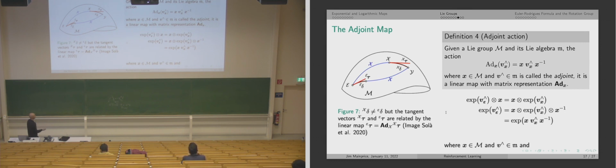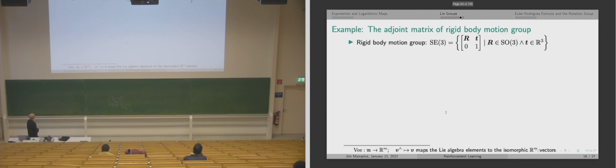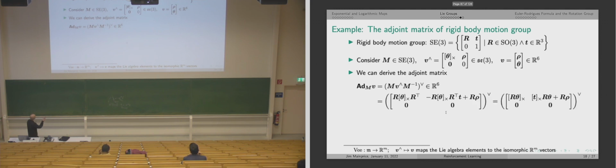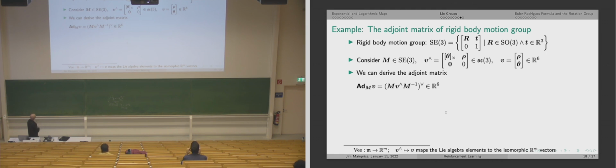And of course, because it's a linear map, it has a matrix coordinate, which is this Ad X. And here is an example: there are closed form solutions for this adjoint map. Here is the coordinates version, also the closed form solution of that matrix for the special Euclidean group of dimension 3. So what you do is you simply initially express it like that.